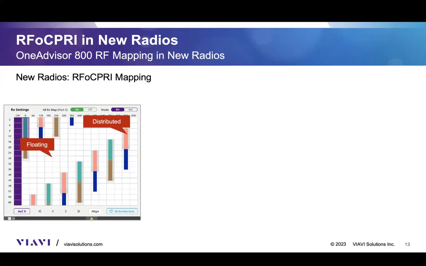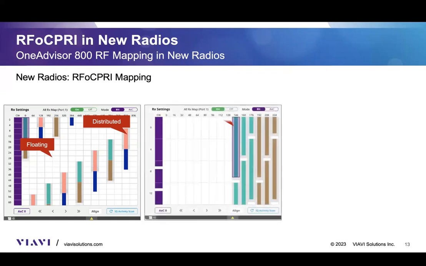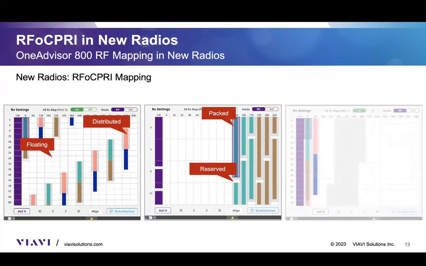Here's one example where, as you can see, all the data is distributed across the entire word, as if floating, so there's a gap between each of the RF components. This is another example. It's packed, not distributed. As you can see, it's at the end of the CPRI word, and we have some reserved bits between each of those packets.